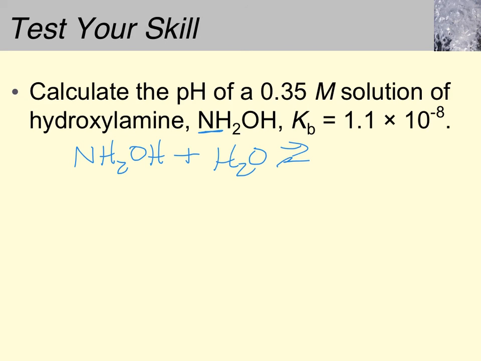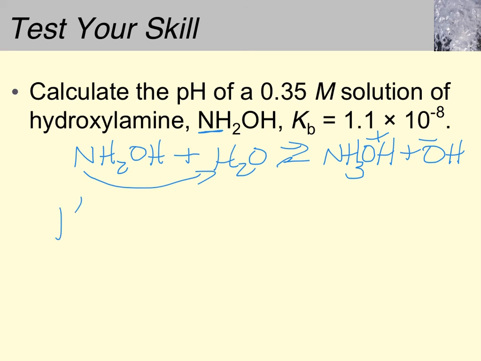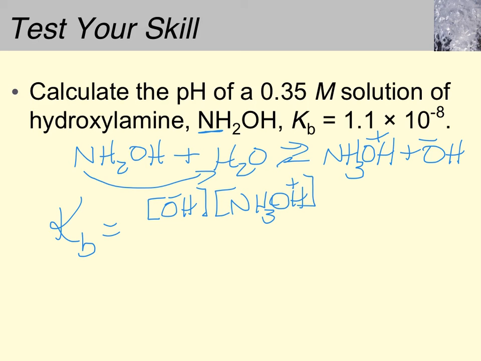Bases always snatch a hydrogen ion from water, and then they end up with a plus charge. And then hydroxide is always the other product. Kb, and they give us the Kb value.